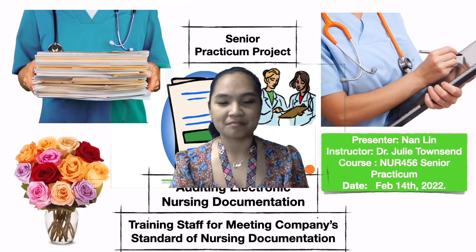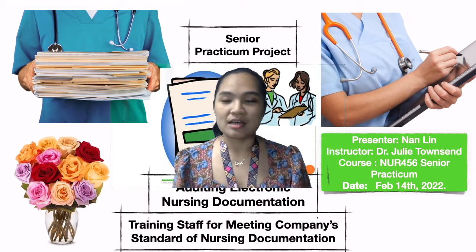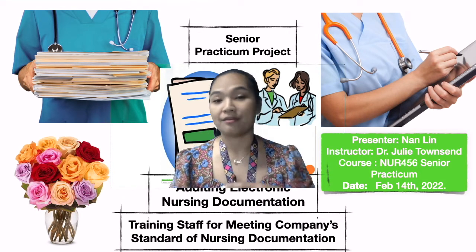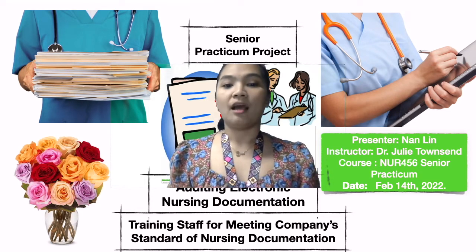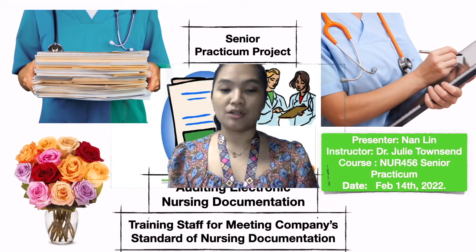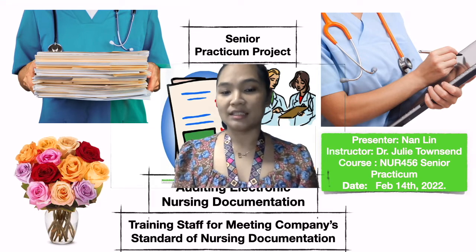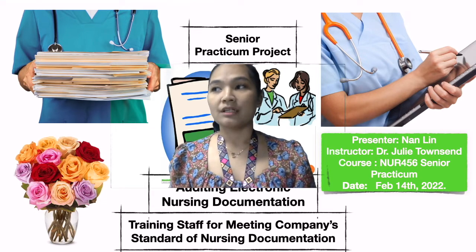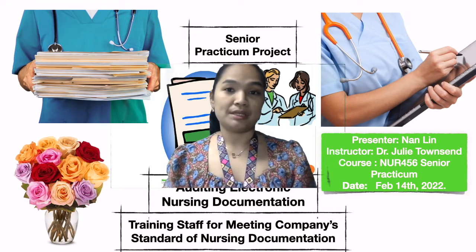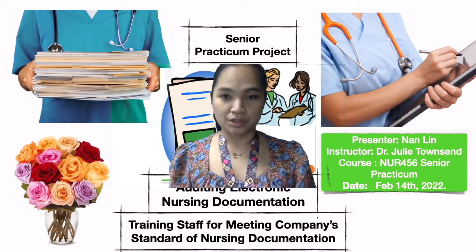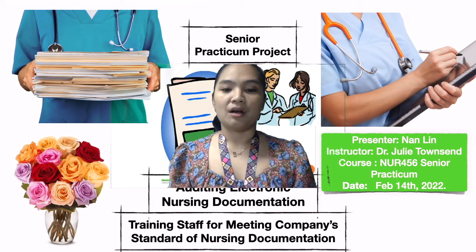One of the elements I have, and there are so many elements, like I said, is starting out by assessing, by auditing our electronic nursing documentation, and finding the common mistakes and major problems and issues in it.